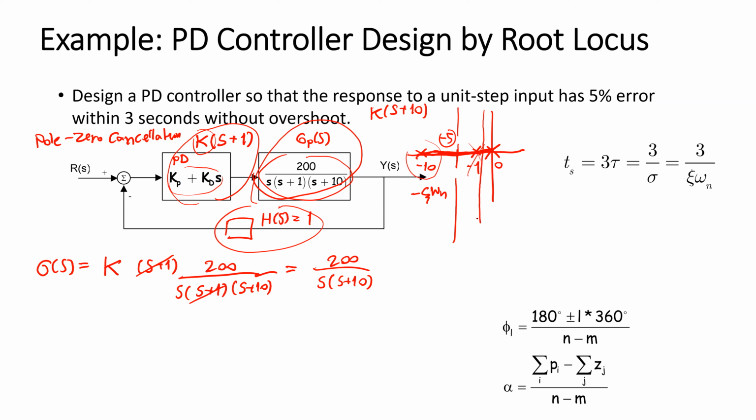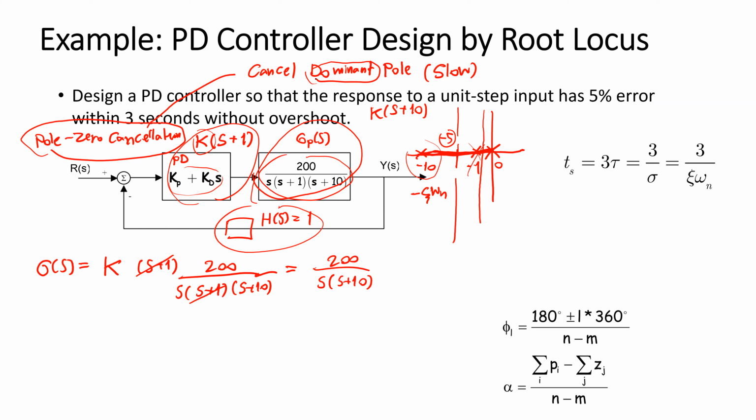So the trick for pole zero cancellation is, if possible, we will try to cancel the dominant pole. The dominant pole is the one that makes the system slow. In this case, between -10 and -1, the pole that is dominant and makes the system slow is the -1.